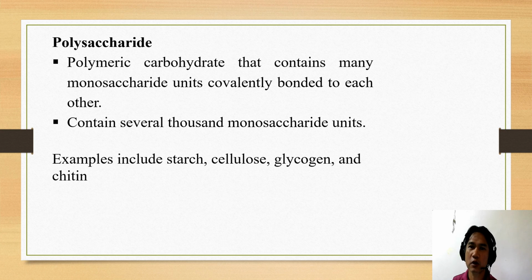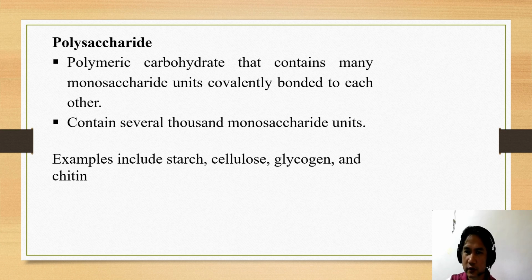So they are called polymeric carbohydrates. Okay, many monosaccharides that are linked to one another. Some contain even hundreds to thousands of monosaccharide units that are linked together. Examples are starch, cellulose, glycogen, and chitin.